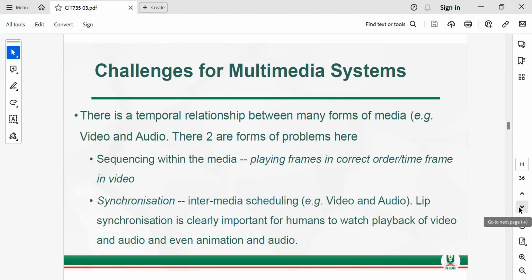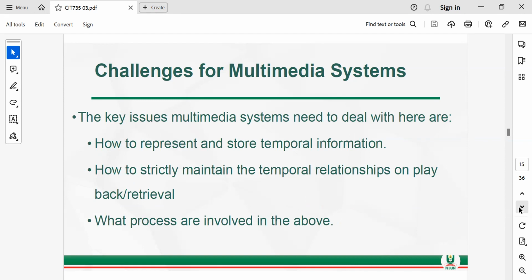So a correct synchronization and sequencing algorithm is normally used that will guarantee everything working very well without any problem. The key issues multimedia systems need to deal with here are how to represent and store temporal information, how to strictly maintain the temporal relationships on playback and retrieval, and what processes are involved in the above.